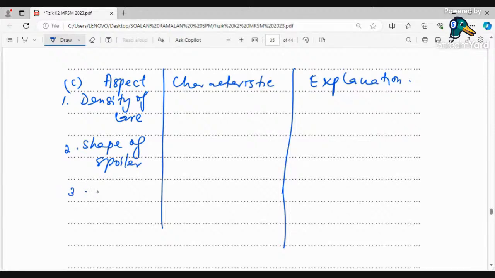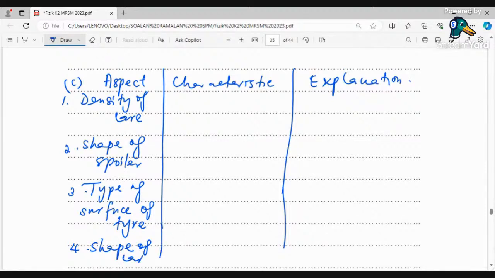Okay, yang ketiga ialah type of surface of tire. Yang keempat ialah shape of car. Nampak salin je balik semua yang dalam table tu. Lepas tu karakteristik baru masukkan yang Y punya tadi.